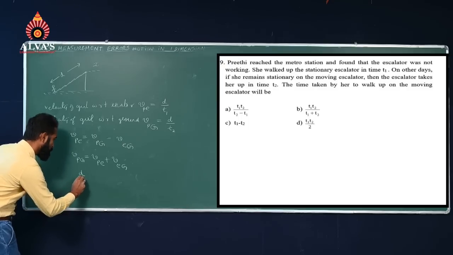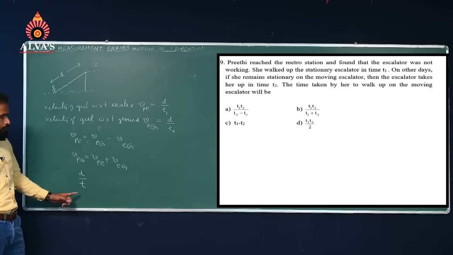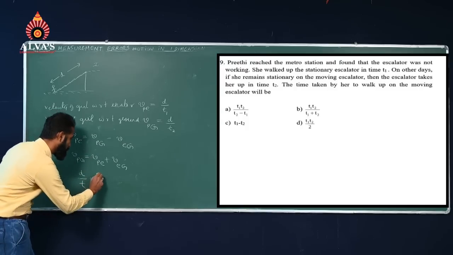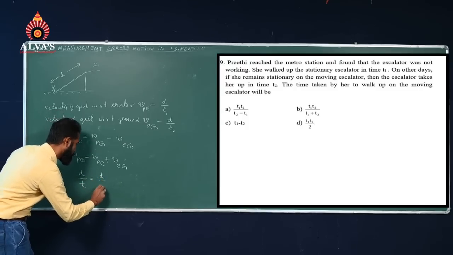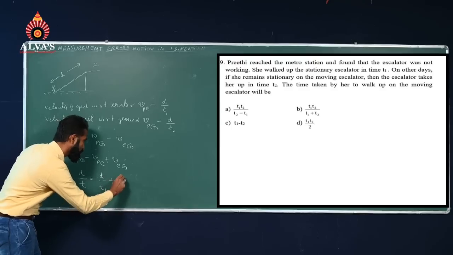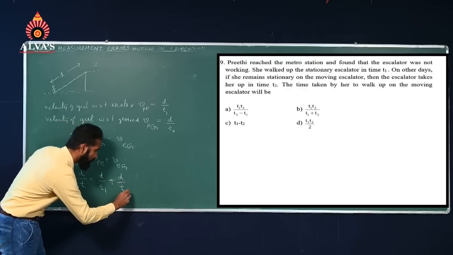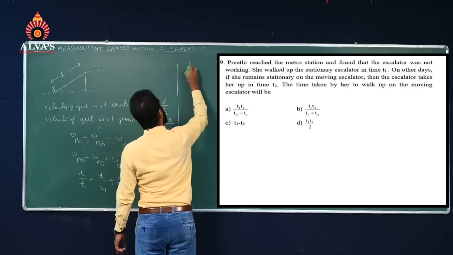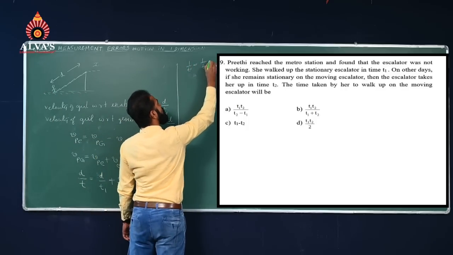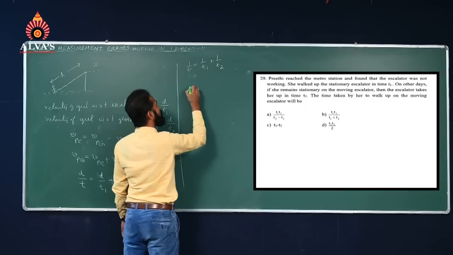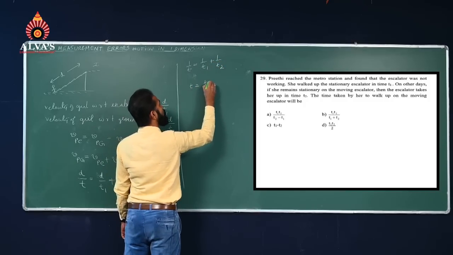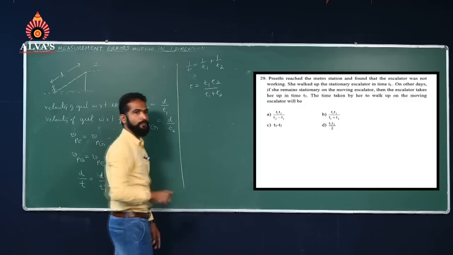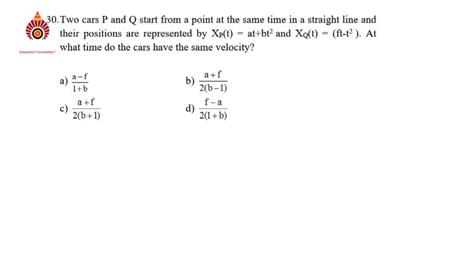So let me take this velocity is nothing but distance divided by, let me imagine this takes place at a time t, and here this is given as a distance d divided by t1 plus this time is given as d divided by time 2. So d is going to cancel on all the sides. We are going to get 1 by t is equal to 1 by t1 plus 1 by t2, or t will be equal to t1 t2 divided by t1 plus t2. That is option B.